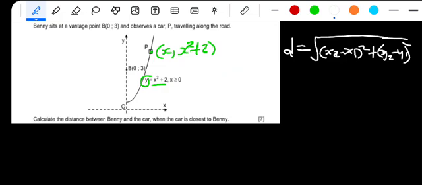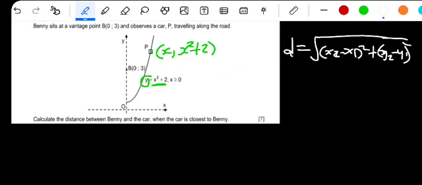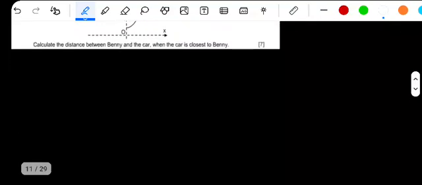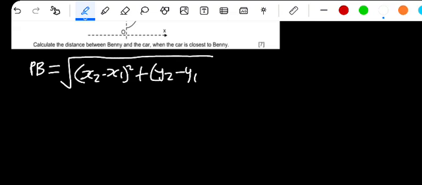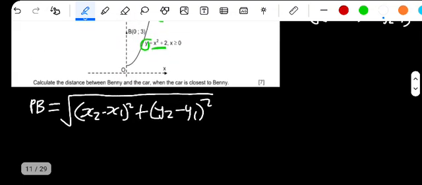Now we have the coordinates, so I can write this at the bottom a little bit. The distance will be the distance PB. We apply the distance formula: square root of (x2 minus x1) squared plus (y2 minus y1) squared. We know the points we were given.